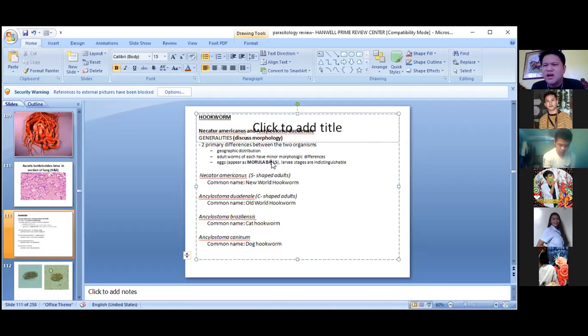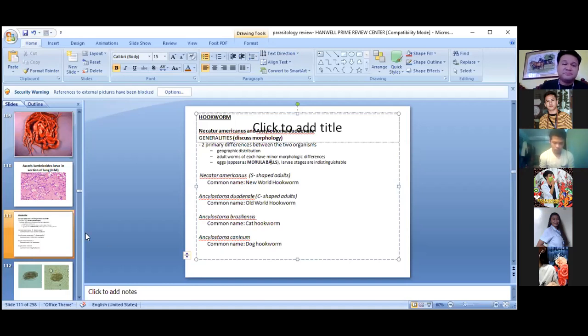Naintindihan? Hookworm, anong species ng hookworm? Masasagot yan ng Harada-Mori filter paper culture tests. Okay? So, we are on the part where I was describing the ova of the parasite, which is morula balls ova that contains germ cells inside.